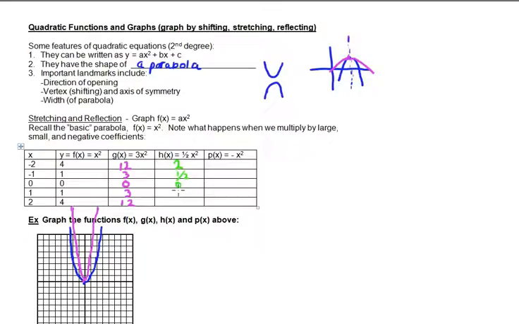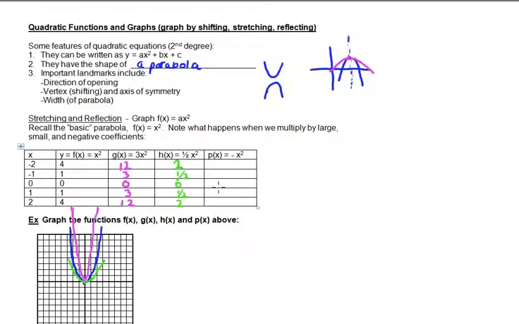Positive 1 times a half again is a half. And finally, 4 times a half gives us 2. Plotting these points at negative 2, positive 2, then negative 1, positive a half, 0, 0, the origin again, positive 1, positive a half, and positive 2, positive 2, and connecting these dots, we can see that we would have a wider parabola.